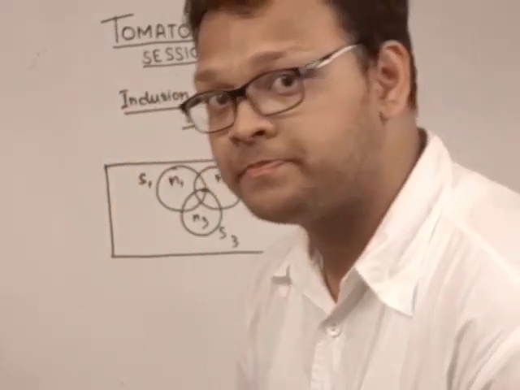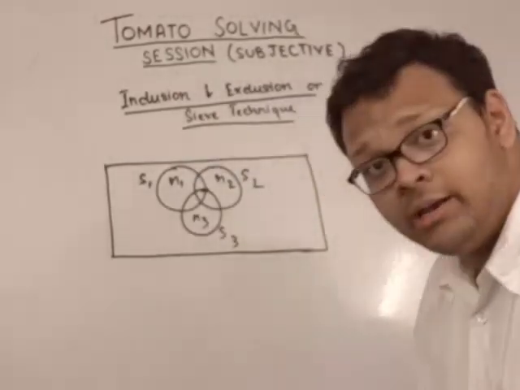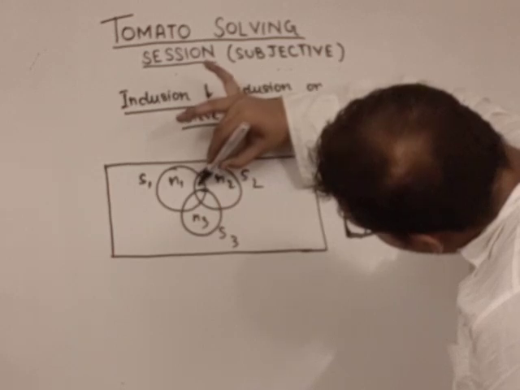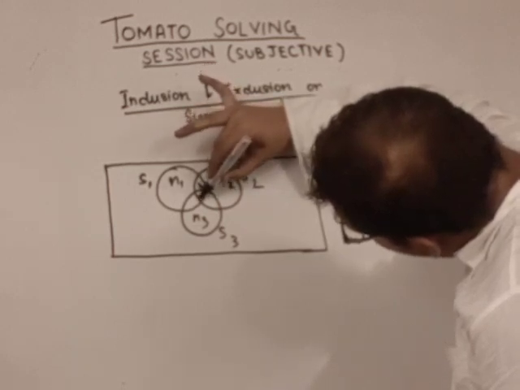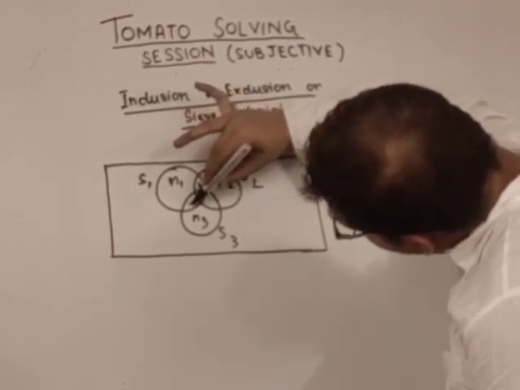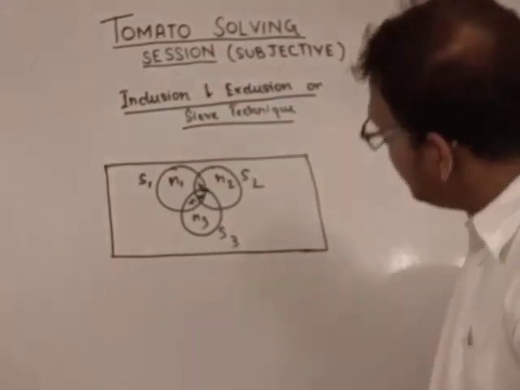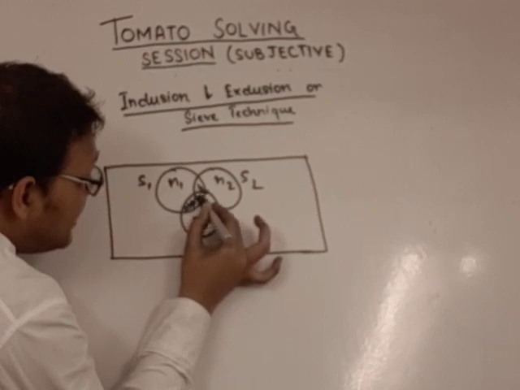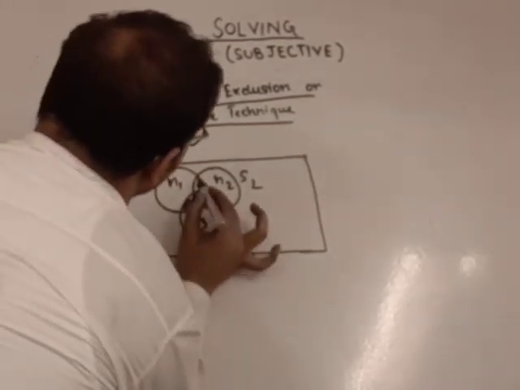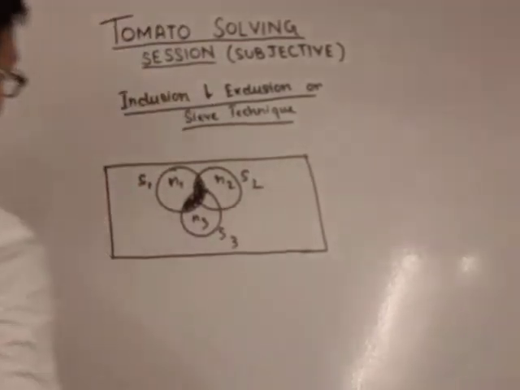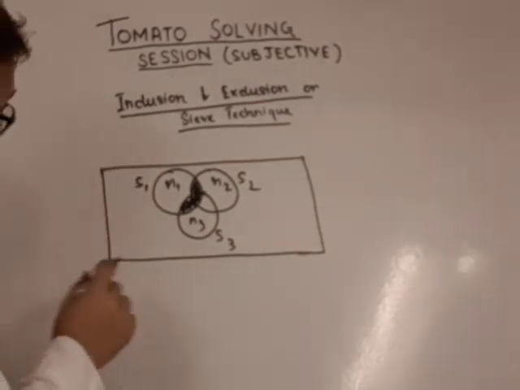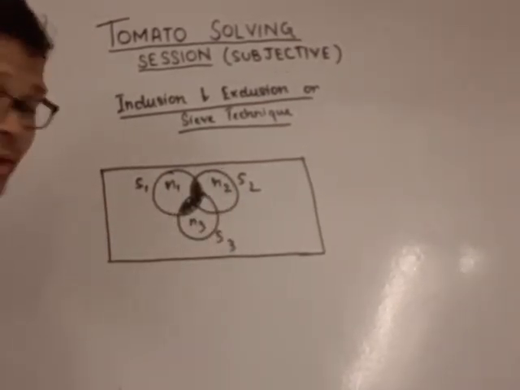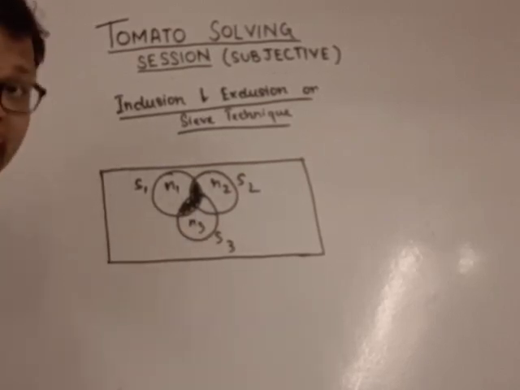Let's check how. In N1, I can name this small portion as K1, this portion as K2, and this portion as K3. So these three portions are included in N1, but they are also included in N2 and in N3.